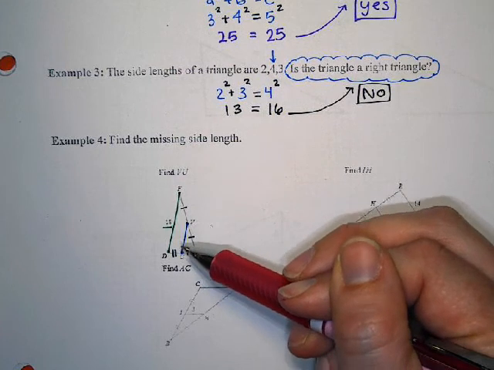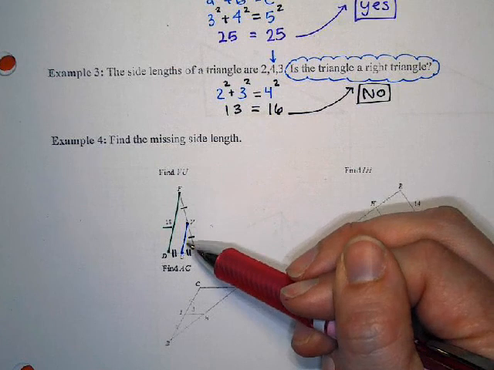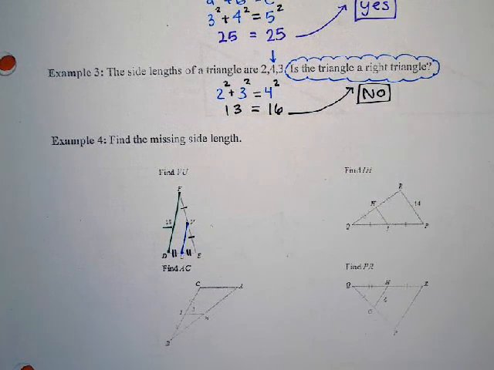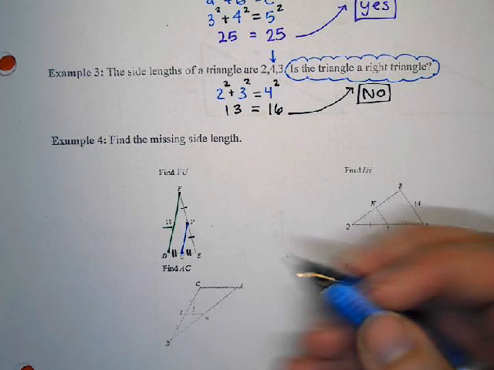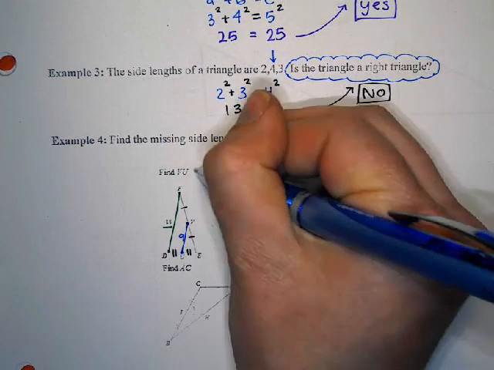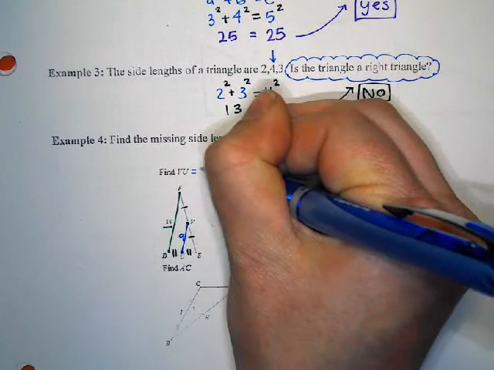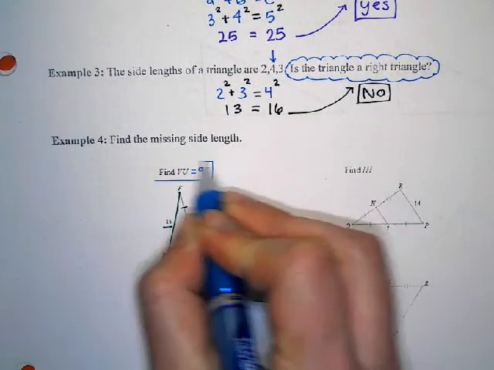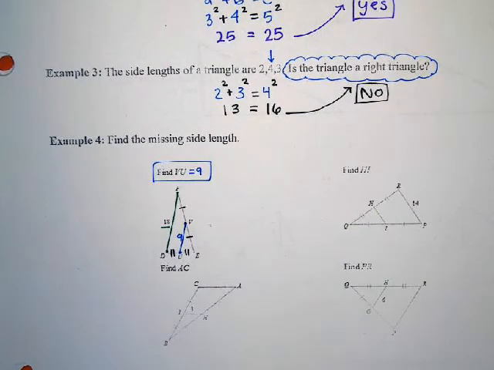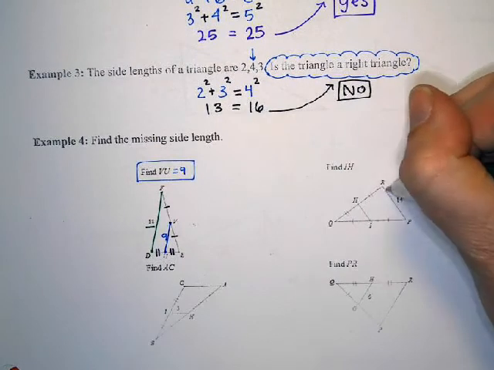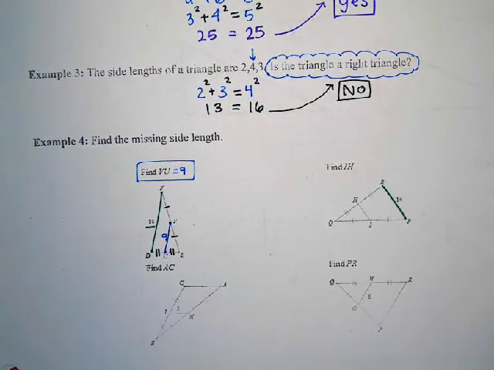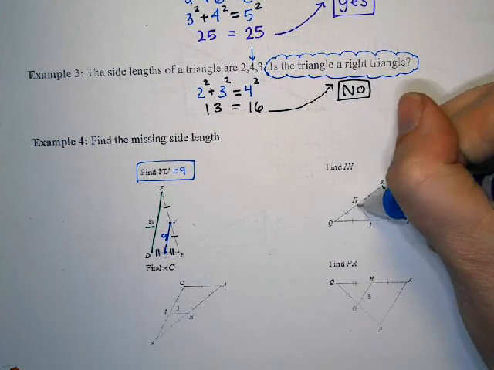Does anybody want to take a guess at what the length will be of this V to U section? What do you think? 9. How'd you get 9? It's half of 18. Half of 18. It's in the middle. Mid-segment means cut in half. 9. Good job. On our right top, it gives us 14.